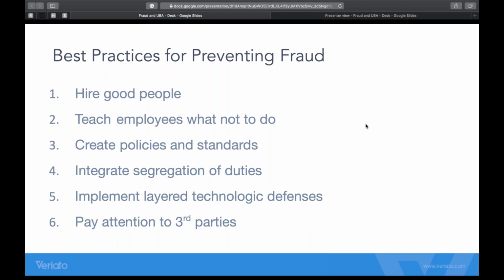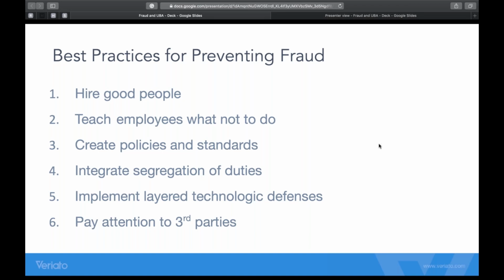Sometimes it's just employees who aren't aware of some of the risks that they're exposing the company to. From a policies and standards process, having those clear expectations and guidelines can eliminate gray areas that employees are unsure about. So you want to make moral dilemmas and decisions very clear and very straightforward through documentation and guidance.